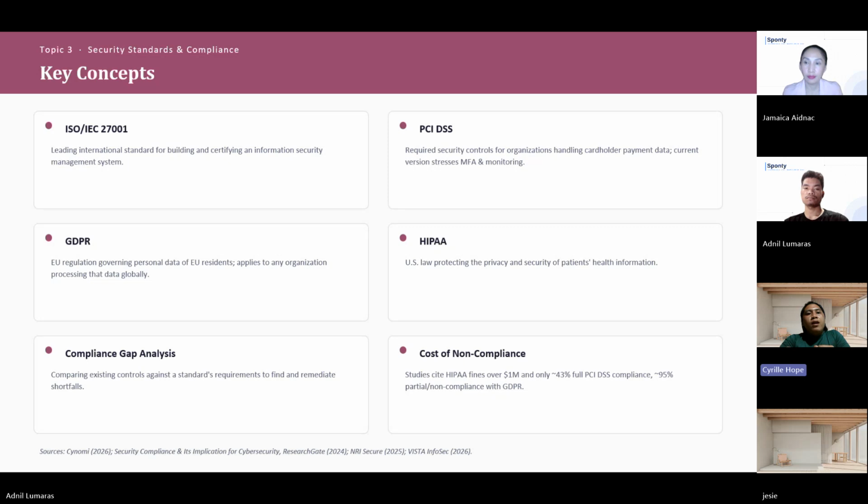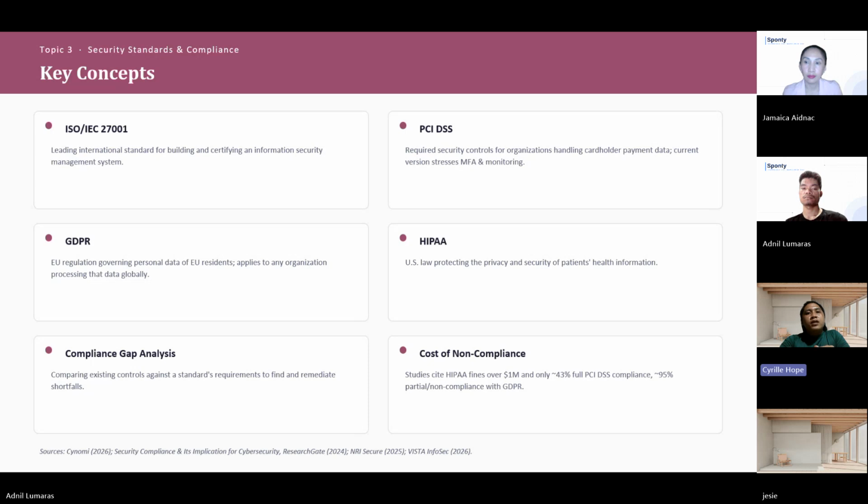HIPAA, meanwhile, governs the protection of health information within the United States healthcare system and its business partners. Beyond these four, organizations frequently reference SOC 2, an attestation report especially common among sales and technology vendors.